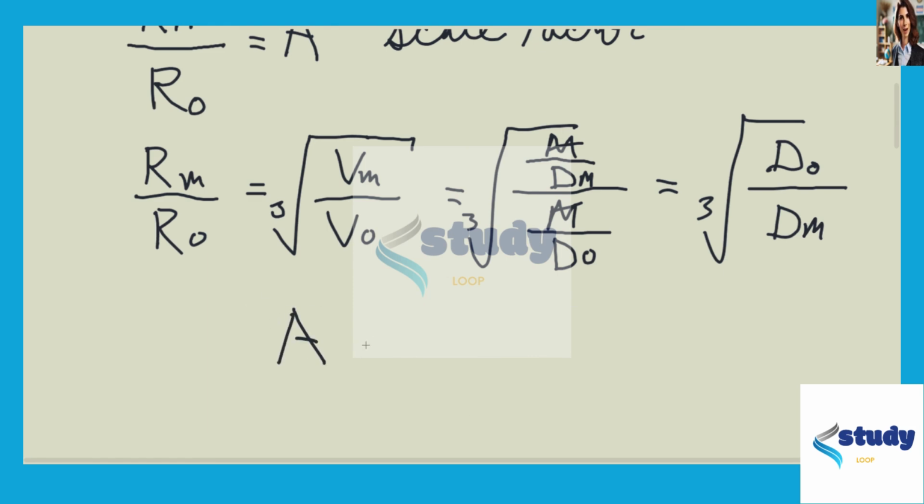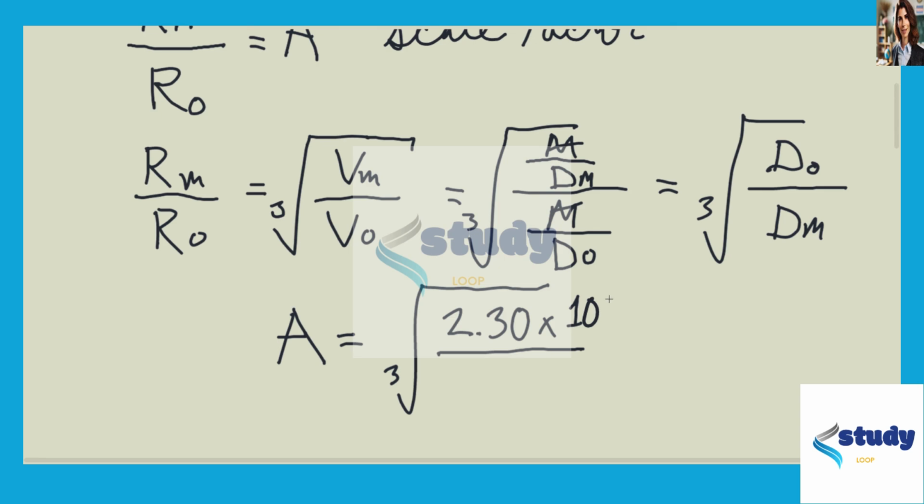So let's plug in some numbers here. We find that, I'll just write them out so it's clear. You can check for yourself. The original density of the uranium-238 nucleus is 2.3 times 10 to the 17th.